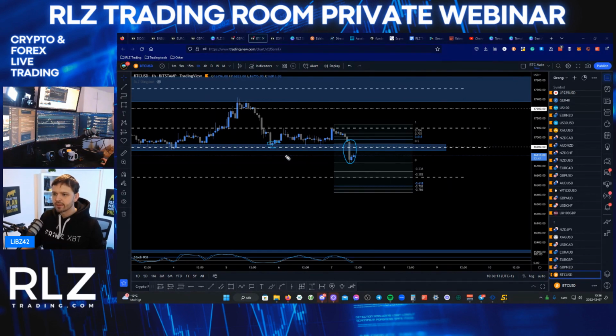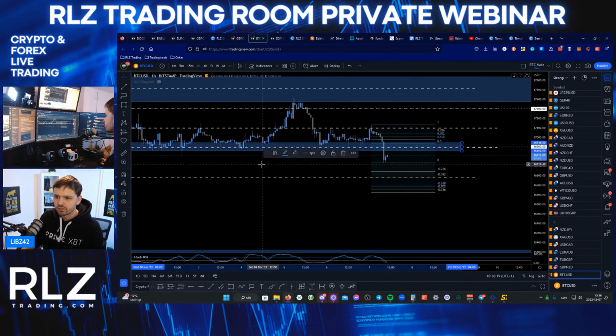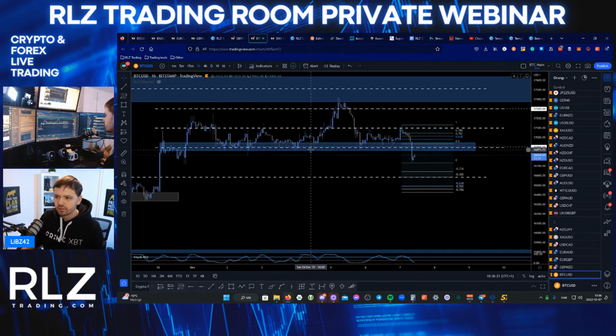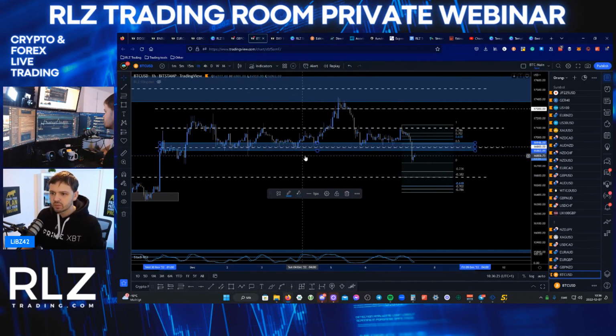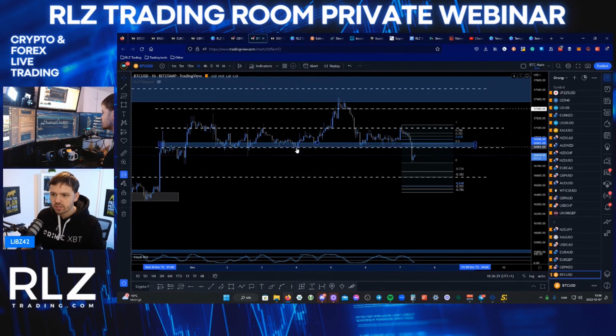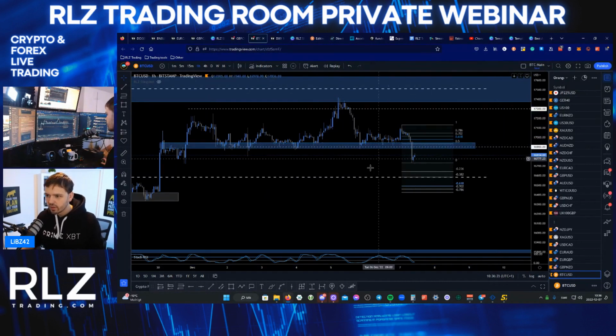You might want to incorporate these candle closes here, and if we exclude all the wicks from this zone, you'll get a pretty good idea of the level.